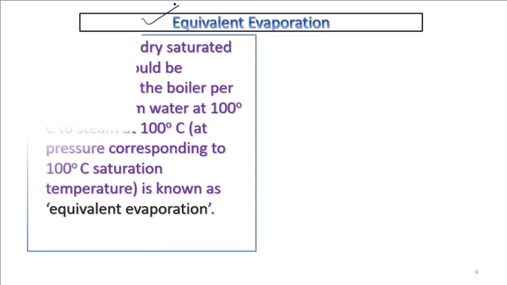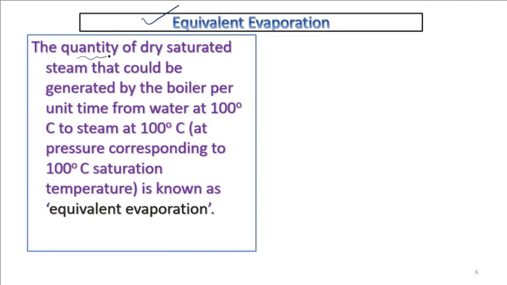Now, the most common term used for expressing the performance of a boiler is equivalent evaporation. It can be defined like this: the quantity of dry saturated steam that could be generated by the boiler per unit time from water at 100 degrees centigrade to steam at 100 degrees centigrade under the saturation pressure, and this is known as the equivalent evaporation.